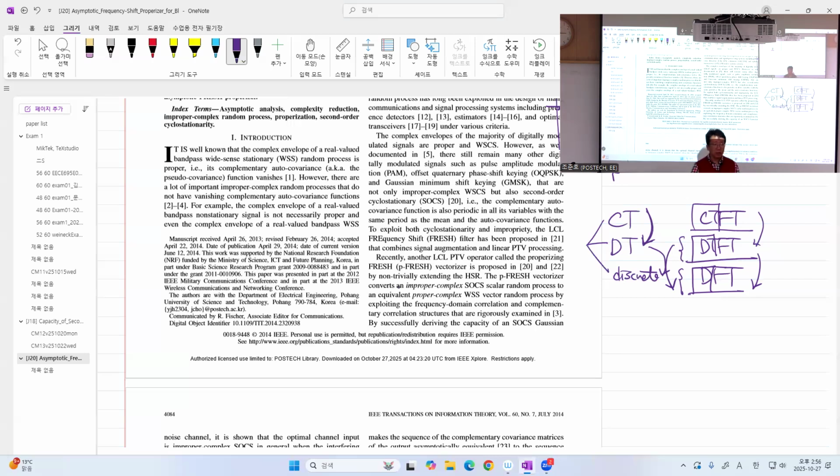For example, in OTFS, orthogonal time frequency space modulation, people have found some interesting application of the Hadamard transform. That provides another basis.